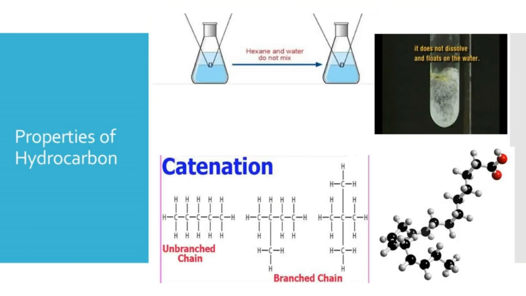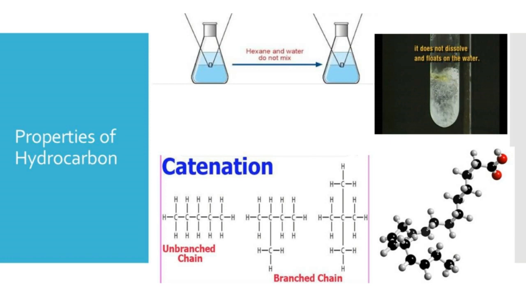Properties of hydrocarbons. Among all the chemical compounds, hydrocarbons have some unique properties. Most hydrocarbons are insoluble in water. Hydrocarbons are less dense than water, so they float on top of water. Most hydrocarbons react with oxygen to produce carbon dioxide and water.